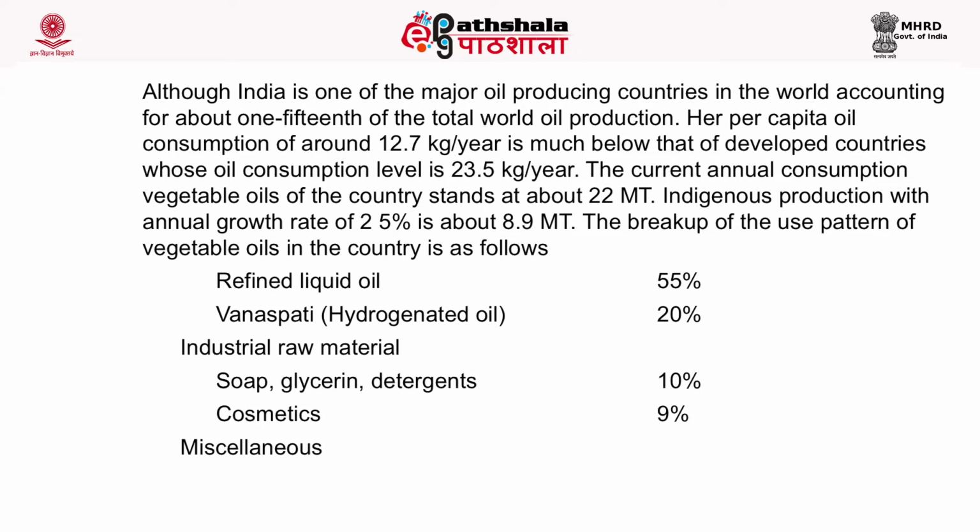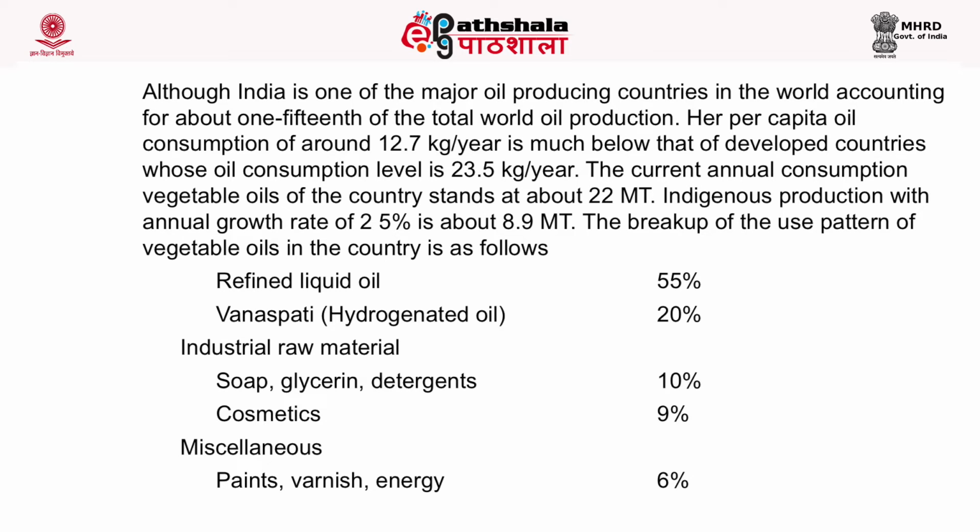Breakup says that about 55% of the total production is used as refined oil, 20% is used as banaspati ghee. So it means about 75% of the total vegetable oil produced in the country is used for edible purposes.